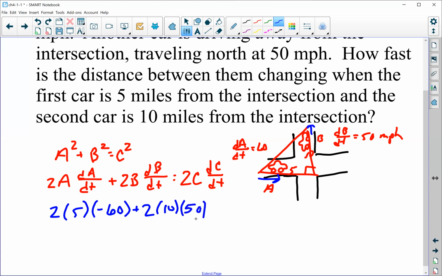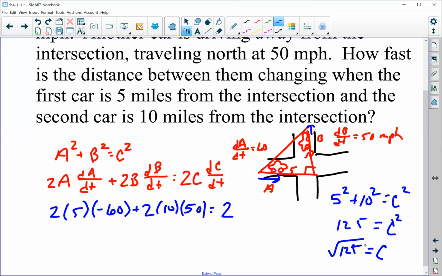So that is a positive 50. I don't know what C is, but I can calculate it because 5 squared plus 10 squared is going to equal C squared. C squared is 125. C is the square root of 125. I would leave it in that form. Don't round. If you round, round only at the end. And I'm trying to find dC over dt.